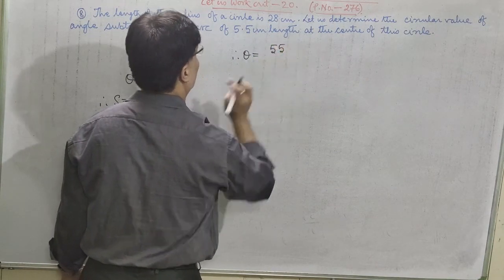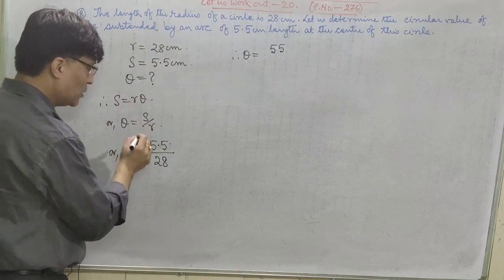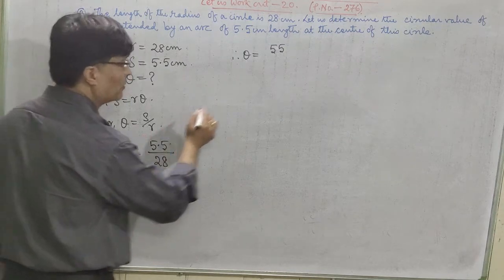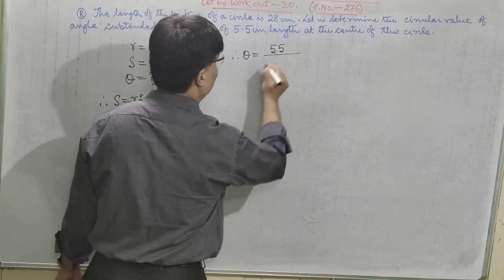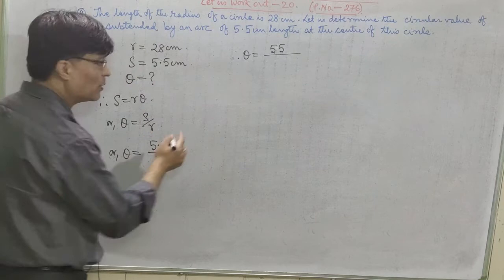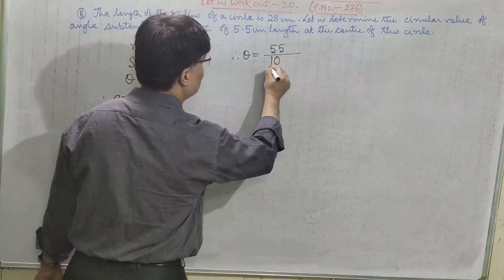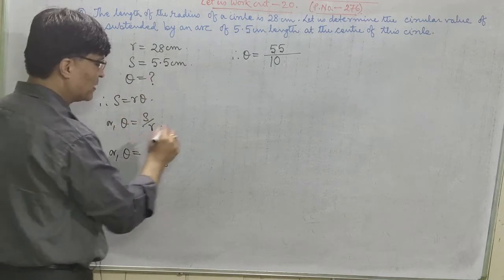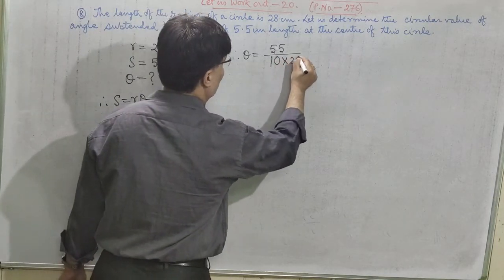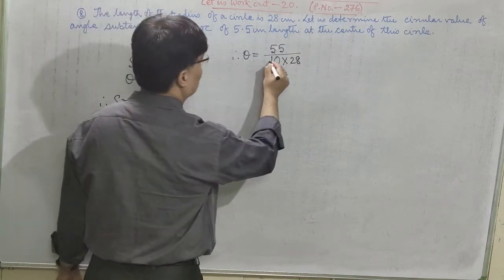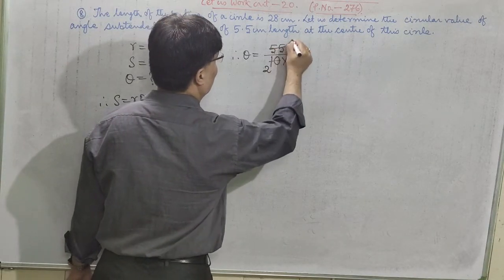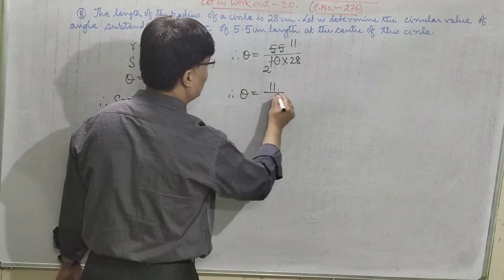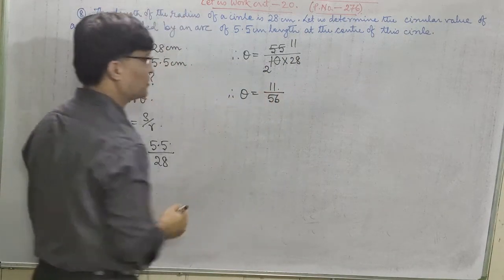After the decimal point there is one figure, so you should write 10 in the denominator. What is 5.5 in terms of fraction? It is 55 by 10 into 28. 5 2s are 10, 5 11s are 55. That is, theta is equal to 11 by 56.